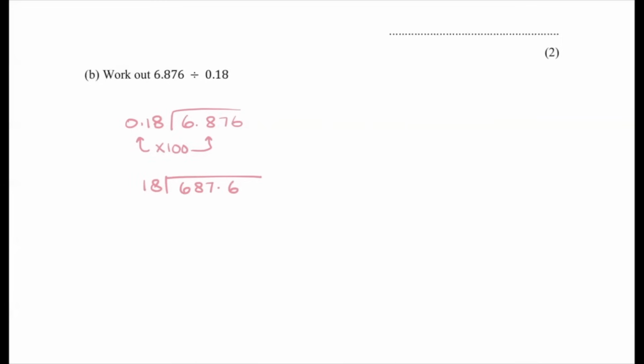Now I'm dividing by the 18 times table. What I'm going to do is just take a minute to list out a little bit of the 18 times table, and then I've got it ready for the calculation. Now, if I double my 18, it's going to give me 36. So I know that's 2 times 18. If I add these two, I'll get 54, and that's my 3 times table. I'm now looking at this row.